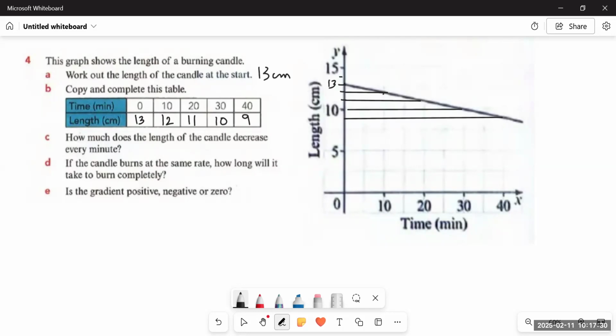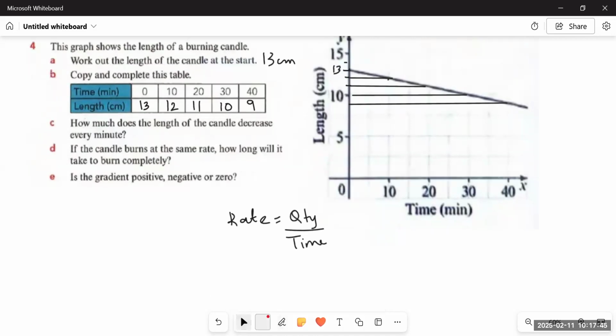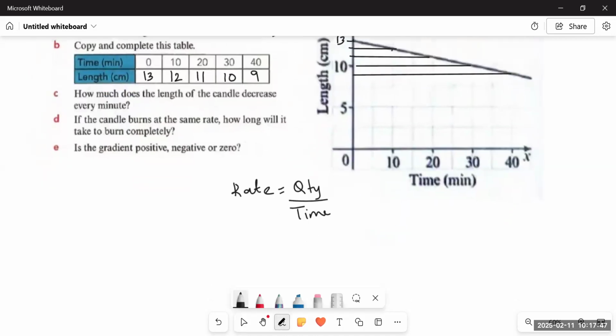How much does the length of the candle decrease? Whenever we have to calculate the amount of decrease or increase every minute, it means we have to find out the rate. Rate is equal to quantity upon time. But which quantity are we going to take? Since it clearly states that the candle decreases, we have to write down the amount of decrease in 1 minute.